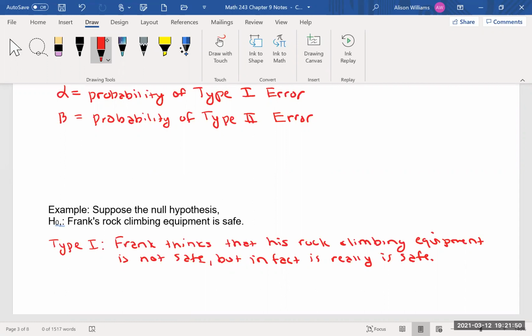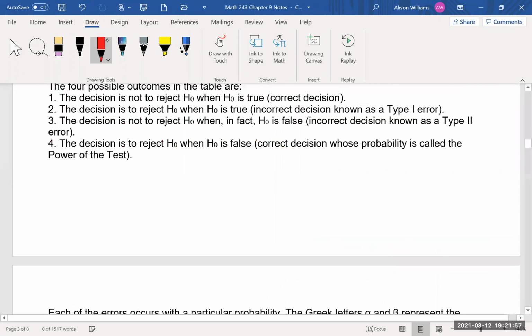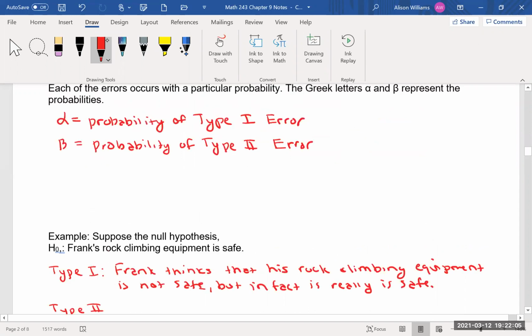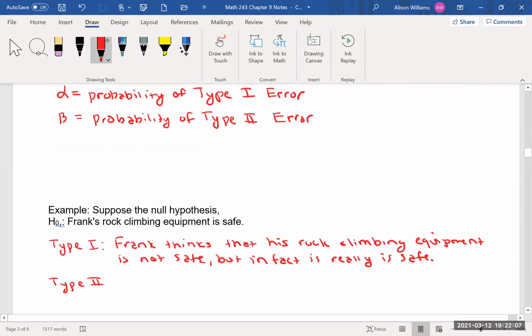Okay, so a type 2 error, come back up to our table. Type 2 is when we do not reject the null, even though the null is false. So in this case, we would say that Frank thinks his rock climbing equipment is safe, when in fact it isn't.